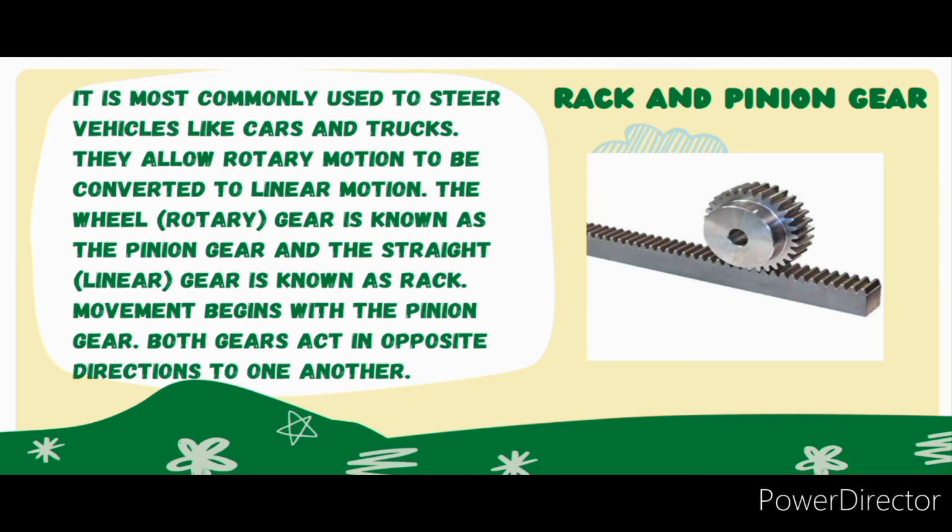The wheel, that circular rotational part, is known as the pinion, while the straight gear is the rack. You can see a round gear and a straight one. The round one is the pinion, while the straight one is the rack. Do not get it confused.